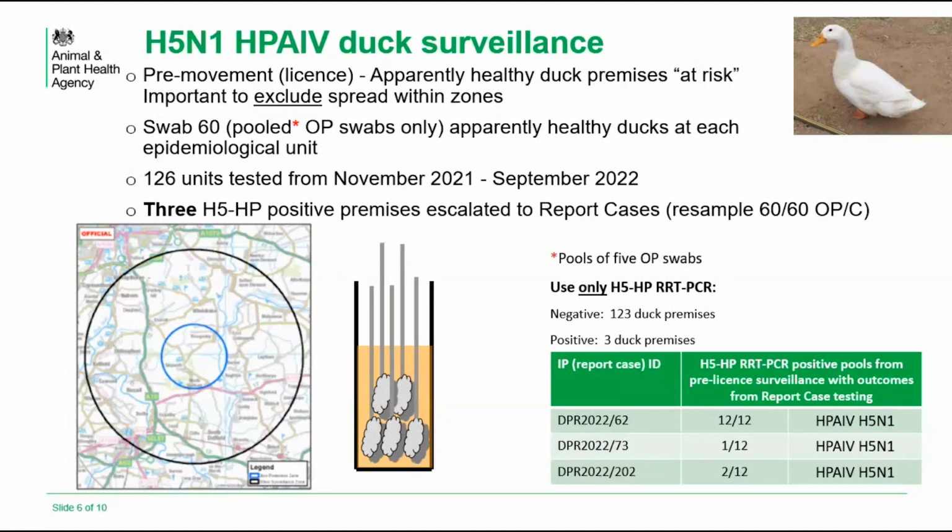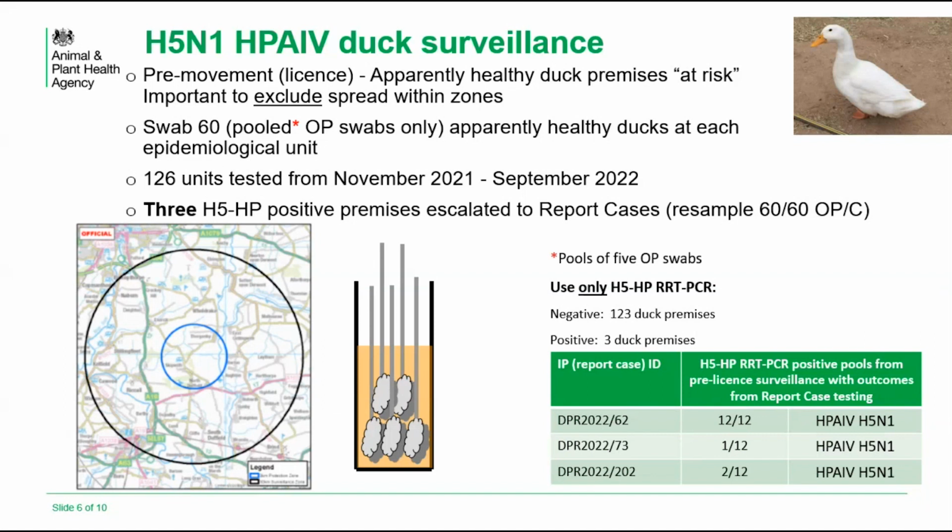So again, we test pooled oropharyngeal swabs from each epidemiological unit. Over the same time period I've just mentioned, we've tested 126 epidemiological units by the HiPath H5 detection PCR, and we've had 3 positive cases, which have been escalated to official reported cases.